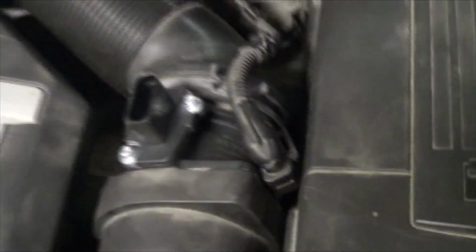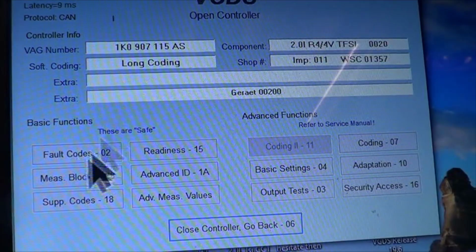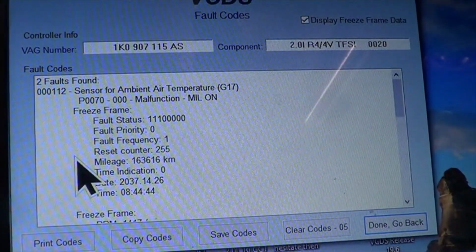Let's get started. So the mass airflow sensor is unplugged, so obviously we're going to have a trouble code there. Okay, down there I've got our VADCOM dongle plugged in. Let's get our fault codes.